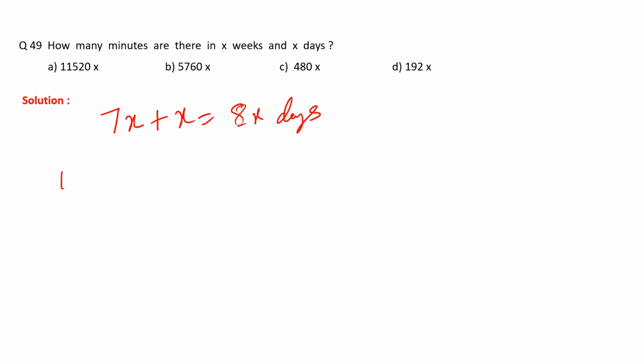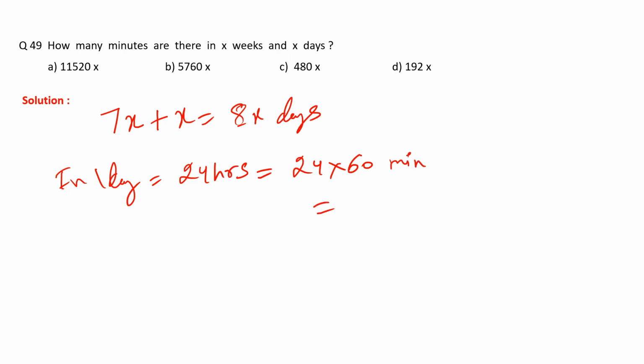Now in one day we have 24 hours, and in 24 hours we will be having 24 into 60 minutes, or I can say this is going to be 1440 minutes. Fine.